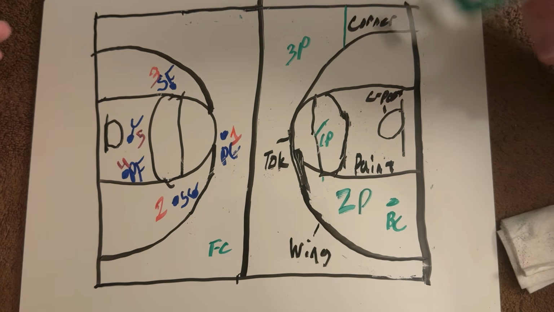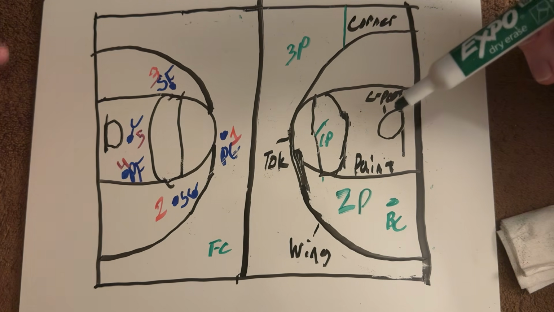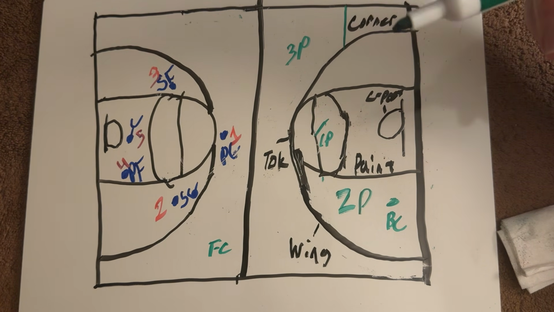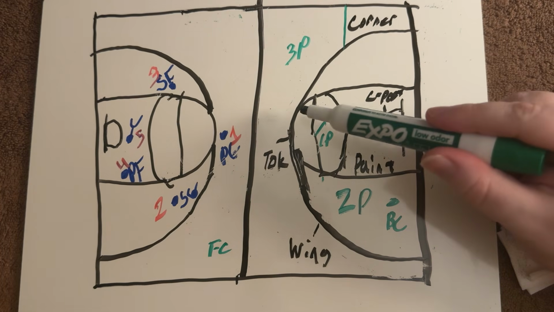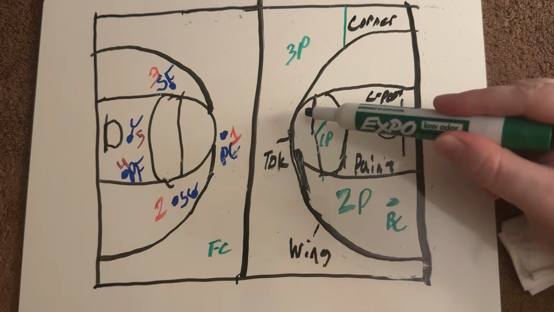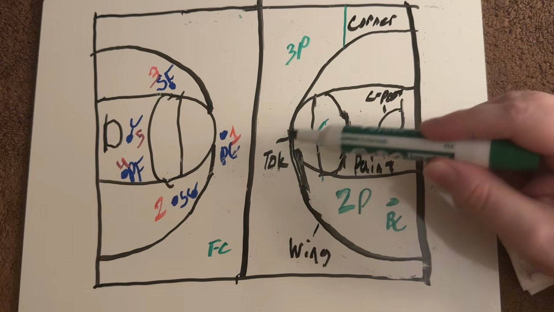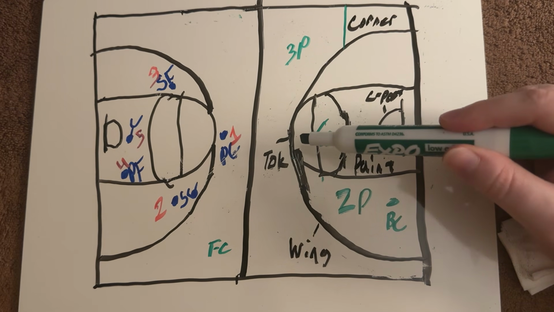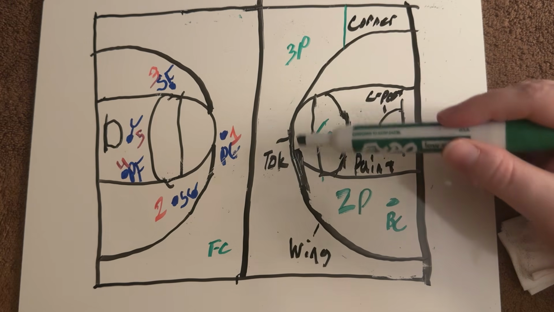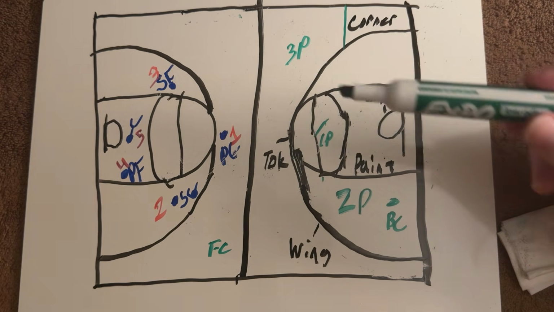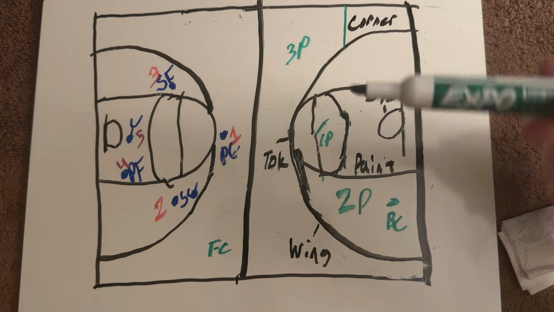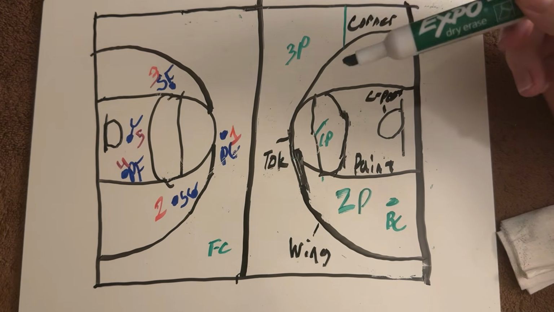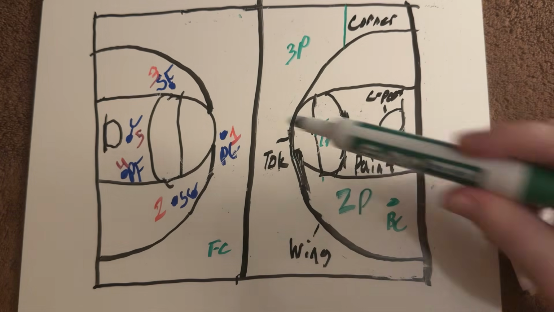Another thing you're going to hear a lot, and I mean a lot, especially nowadays, is top of the key. The top of the key just refers to this circle here, the free throw circle. If the player is in this specific area near the top of this circle, this is the top of the key right here. And then the wing is another thing that you're going to hear a lot, and we'll talk about it when we move over to this section.